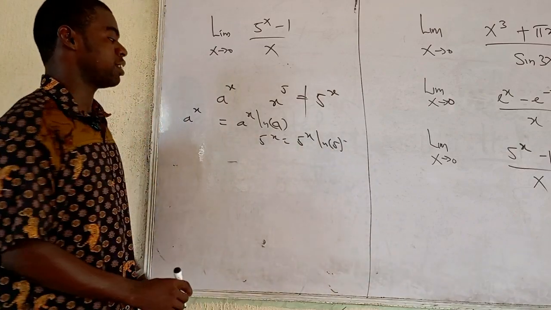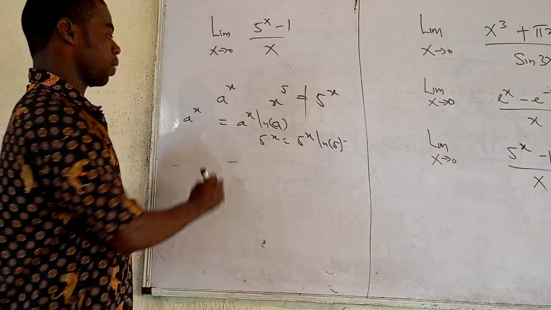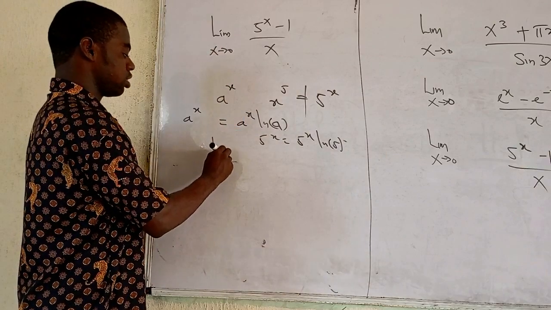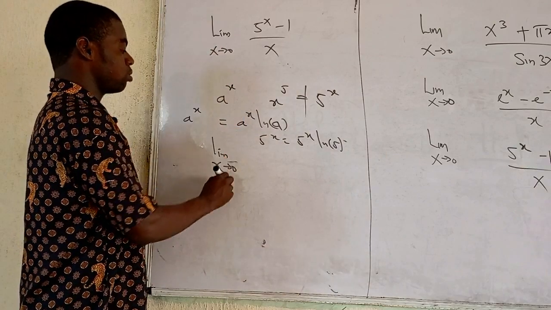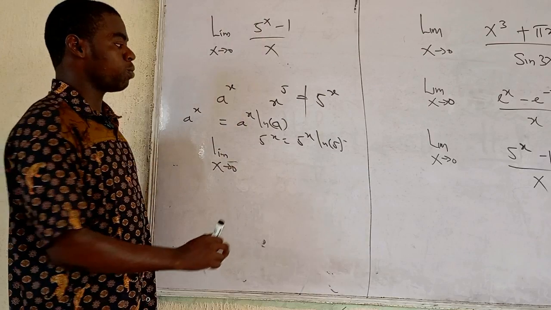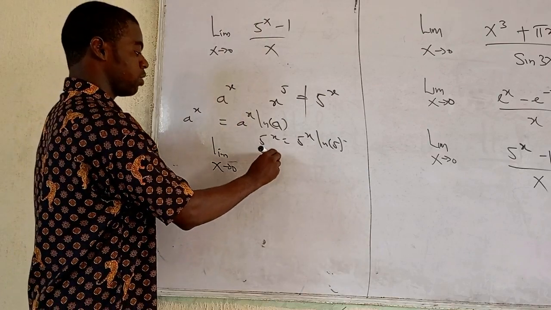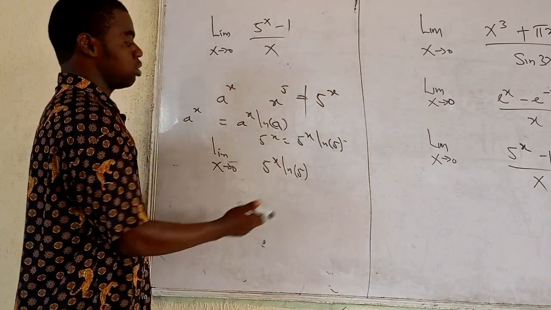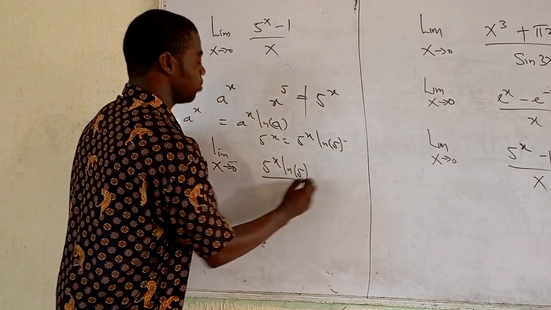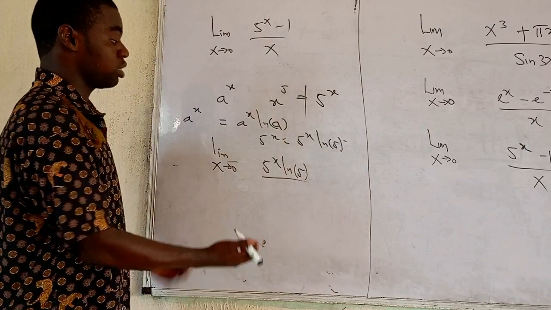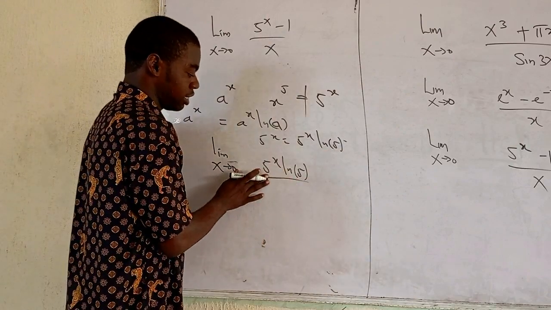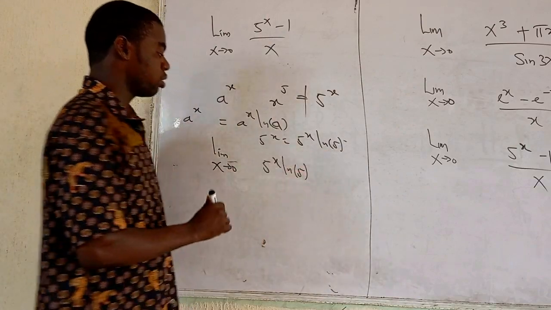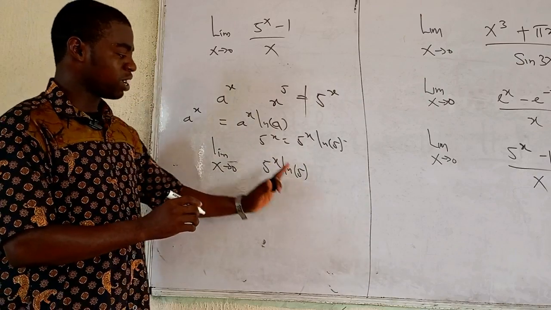So for this now, we have the limit as x approaches 0. If we differentiate 5 raised to the power of x, we get 5 raised to the power of x ln 5. If we differentiate 1, we get 0. If we differentiate x, we get 1, so there's no need of dividing by 1. So this is 5 raised to the power of x ln 5.